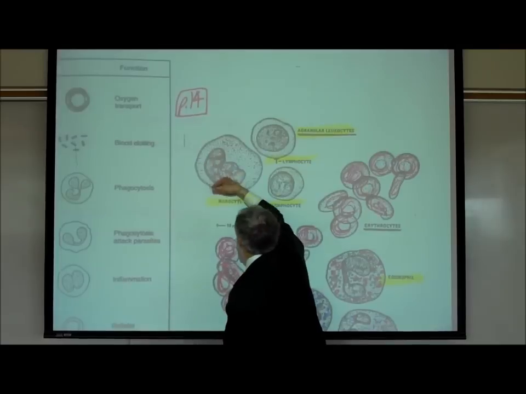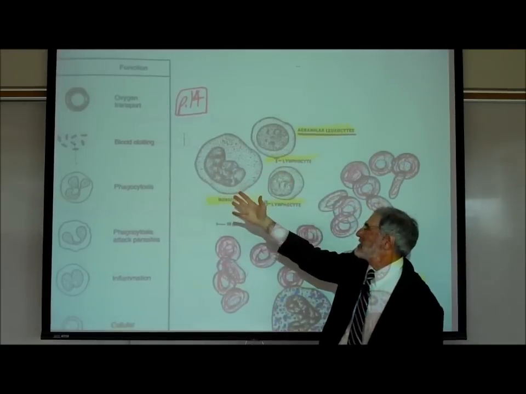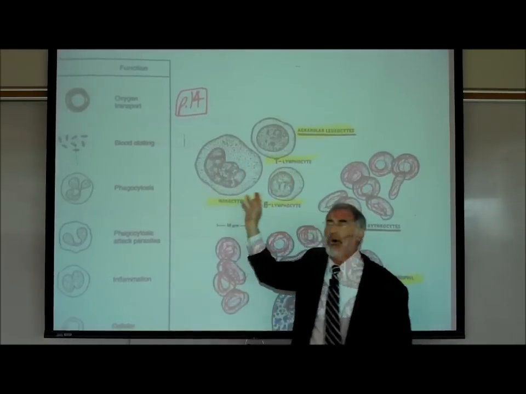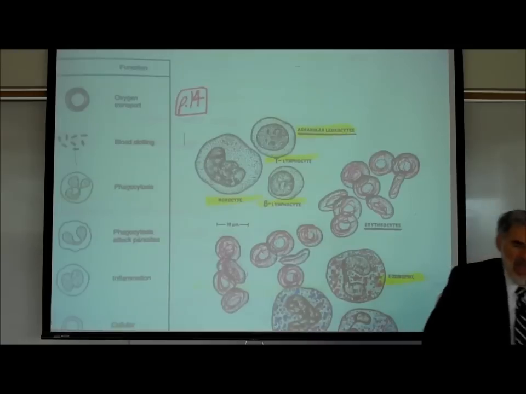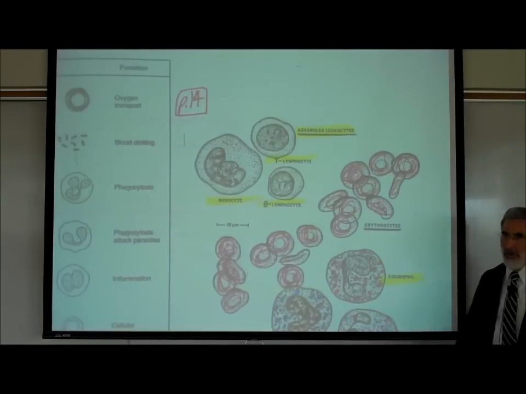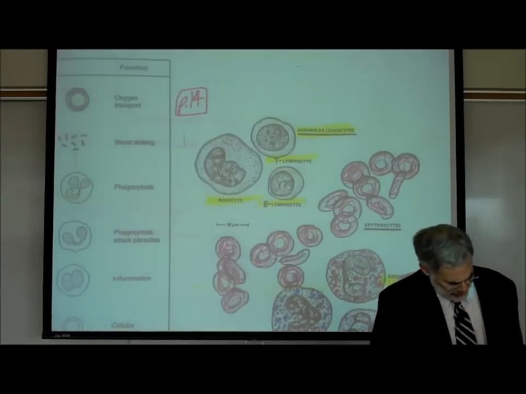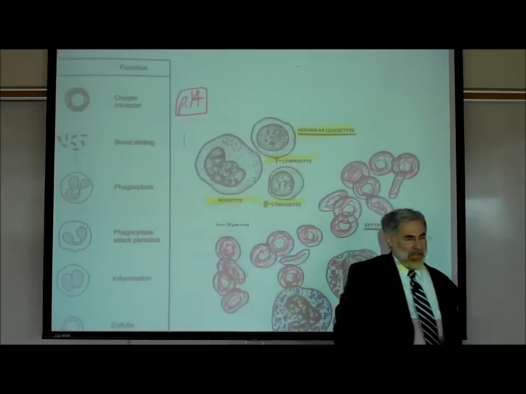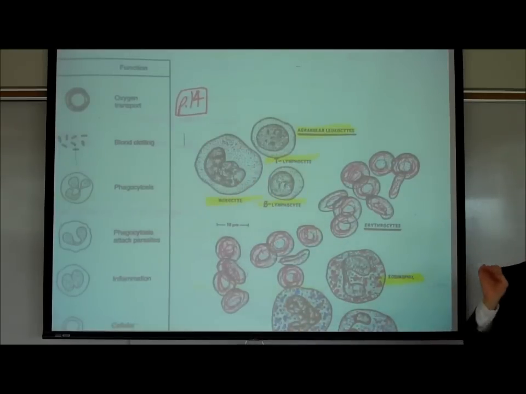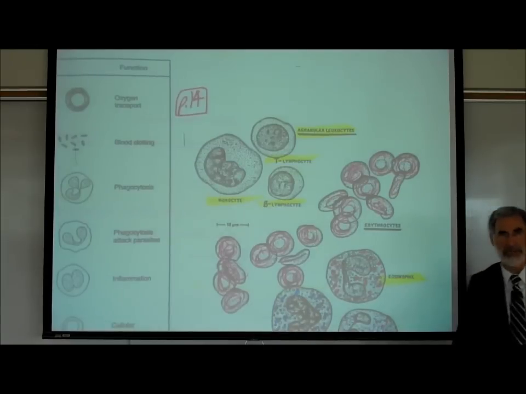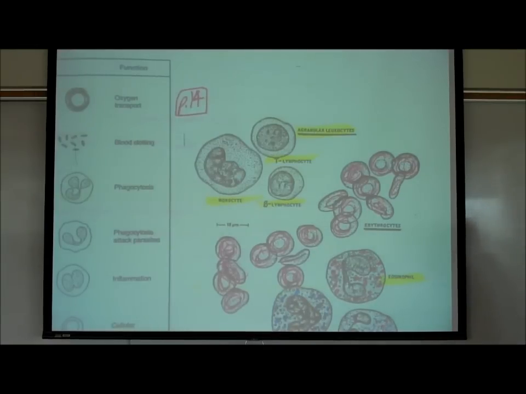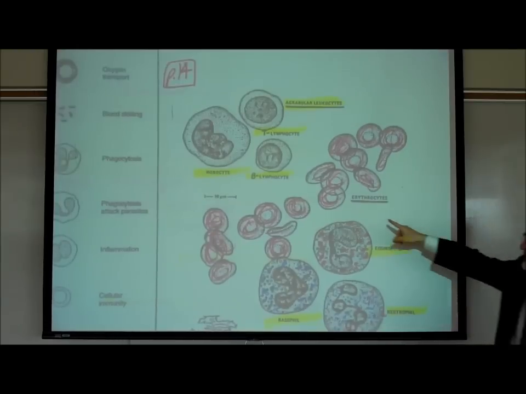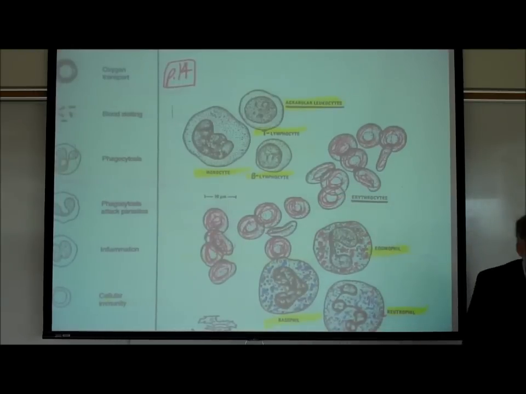There are the monocytes and the lymphocytes. Monocytes are the largest of all the white blood cells, and they act as macrophages, the big phagocytes. And the lymphocytes, interestingly, are the smallest of all the white blood cells. They are just slightly bigger than red blood cells.